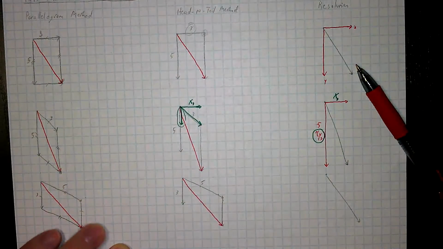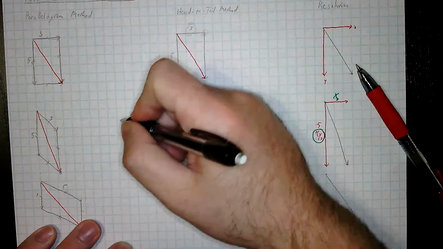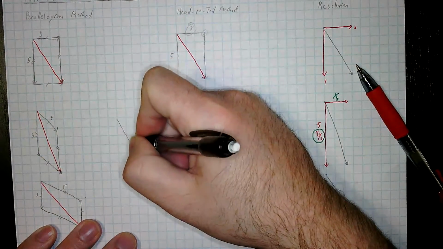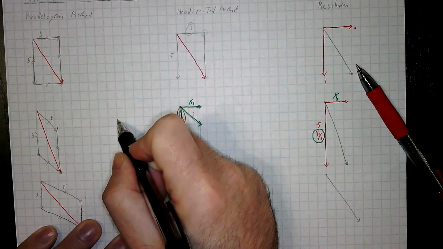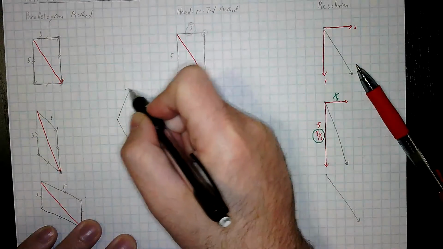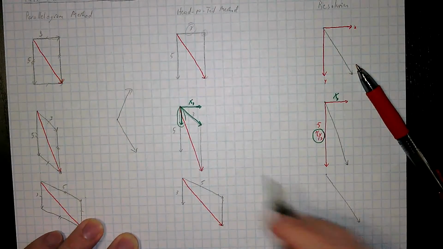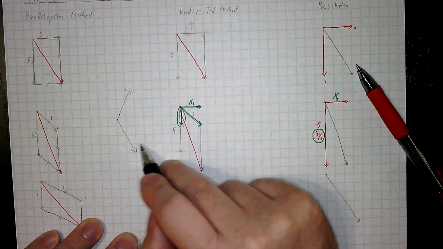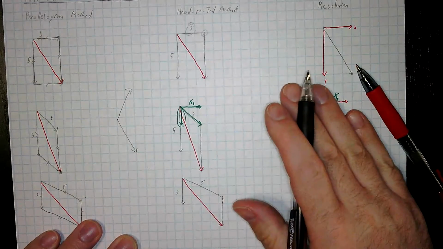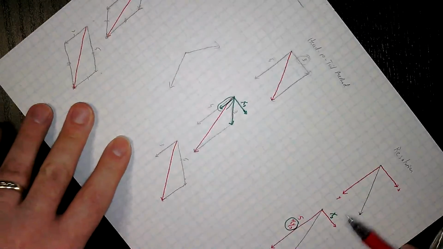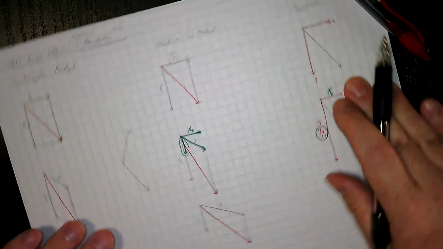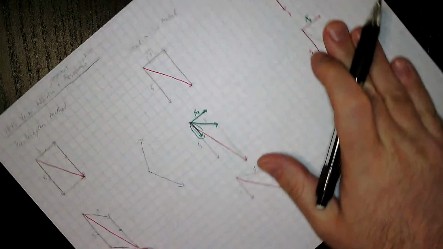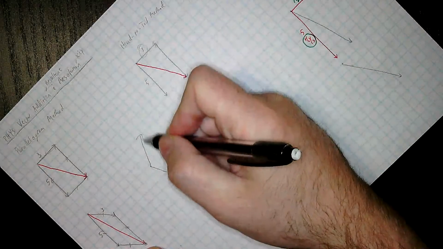The other thing I'll point out here too is I drew these such that we always had one down. But let's say you had, and I don't know that I'm going to take the time here to draw these a proper length, but let's say that you have two angles that are not at 90 degrees to one another that are really obscure. Well, what we can do is we can always turn this so that this one's on the x, or we can turn it so that it's on the y.